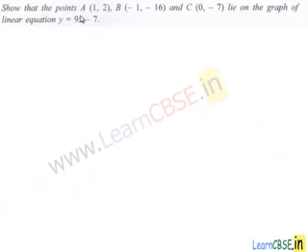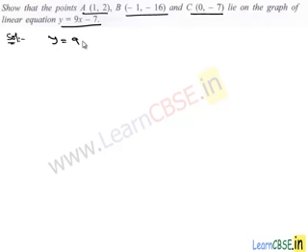Let's move to the next question. In this question, we have to show that the points A (1, 2), B (-1, -16), C (0, -7) lie on the graph of the linear equation y is equal to 9x minus 7. So let's work out the problem. Here we take the given equation y is equal to 9x minus 7. And we are given the 3 points. First of all, we take A (1, 2).